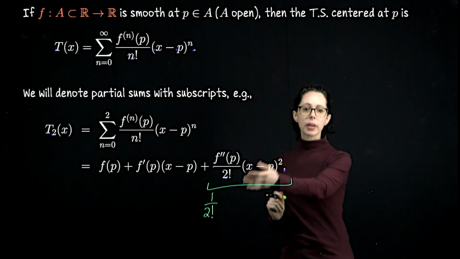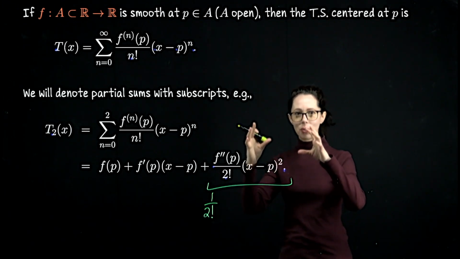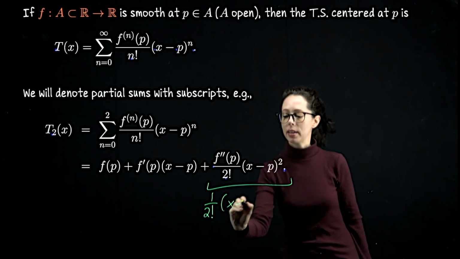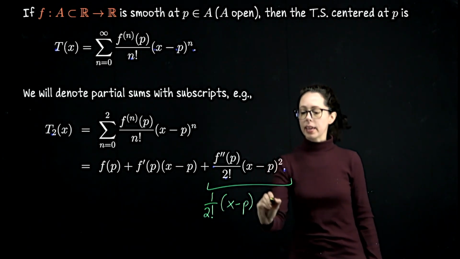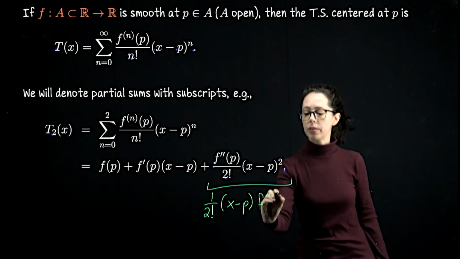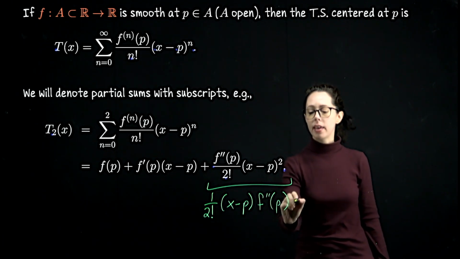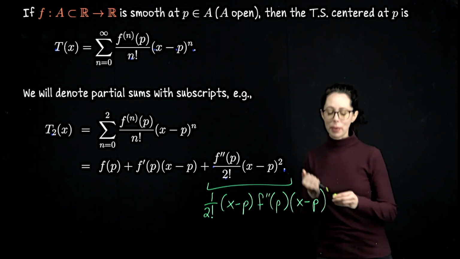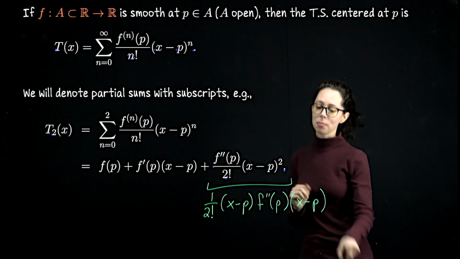And then instead of a number times this polynomial piece, I'm going to write it as a product of three things. The first is x minus p. The second is the second derivative of f evaluated at p. And then the third is x minus p again. It's the same piece. I've just reordered the terms.